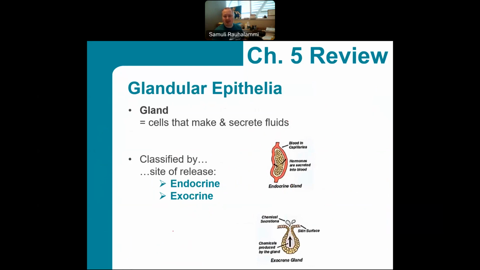What's characteristic for these exocrine glands is that we have the gland part here, and that gland is responsible for producing that secretion. But in addition, from the gland, we have a duct that comes out. This duct can be longer or shorter, but what's important to notice is that this duct carries the secretions from that gland.